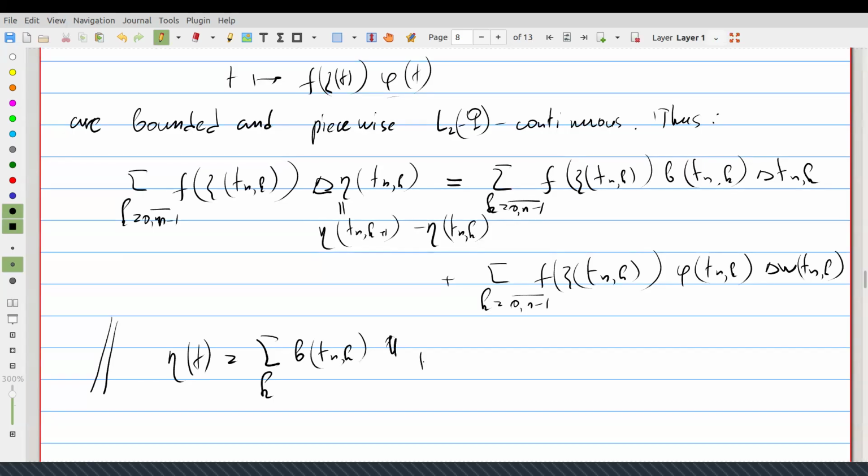So this is t_nk, t_{n,k+1} of t, plus the corresponding sum of the same form with sigma.